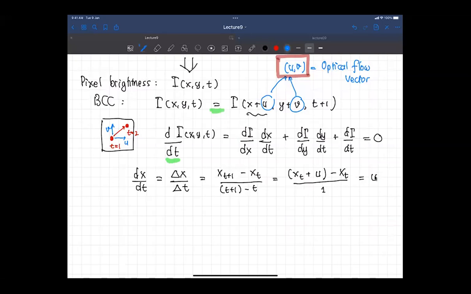As a result of this, dI/dt equals Ix multiplied by u plus Iy multiplied by v plus dI/dt, and it equals 0.